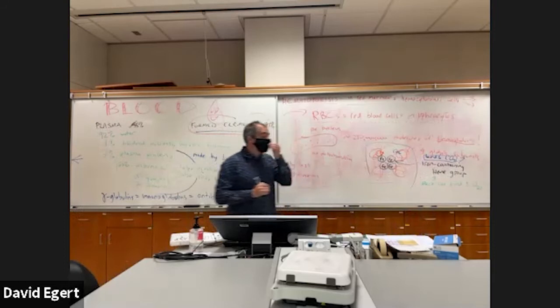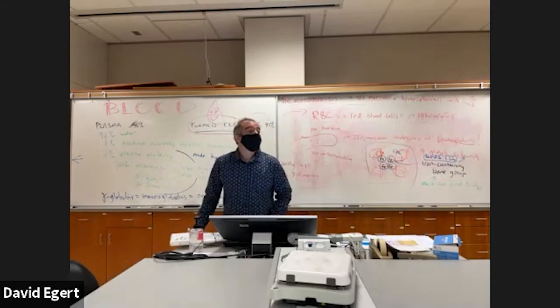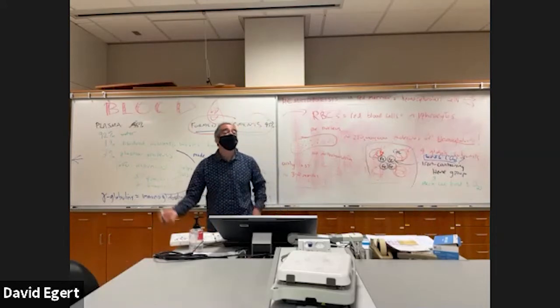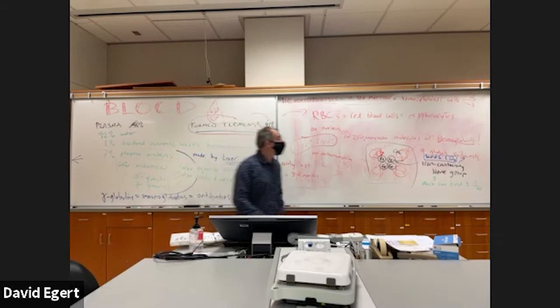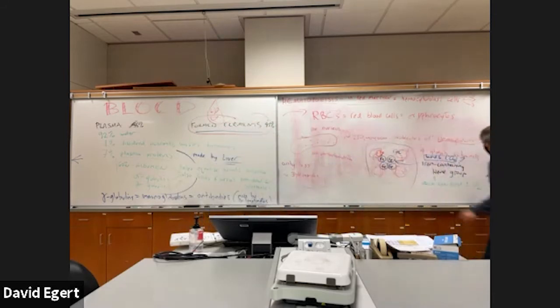So hemoglobin isn't just about transporting oxygen. It's also about transporting not all of your carbon dioxide, but about a third of it. And there's an interaction between the carbon dioxide bound to the hemoglobin and the affinity of the heme groups for the oxygen.